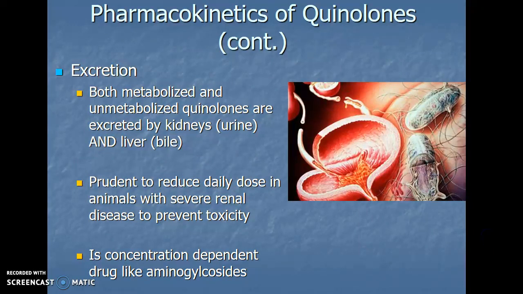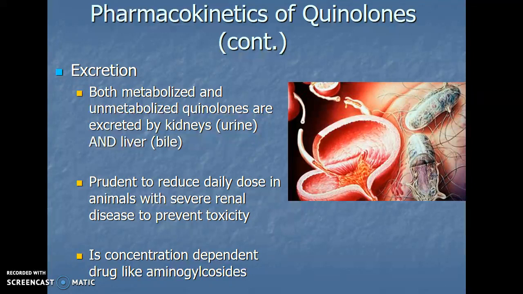So quinolones are excreted, both the metabolites and the unmetabolized forms go into the kidneys, and then some of it is metabolized in the liver and excreted that way. If an animal has a renal insufficiency, something going on there, then we want to reduce the dose. We want to give them less of that because that will interfere with how well it is excreted.